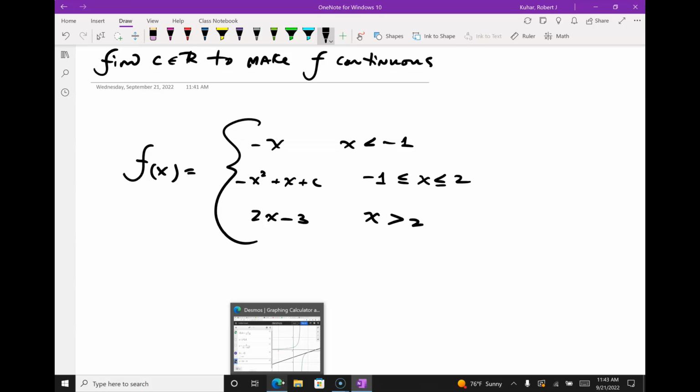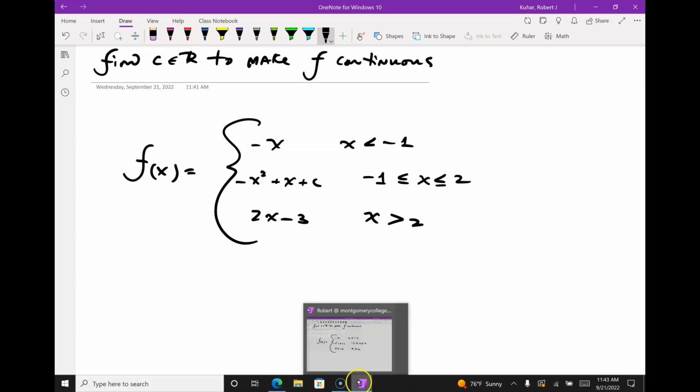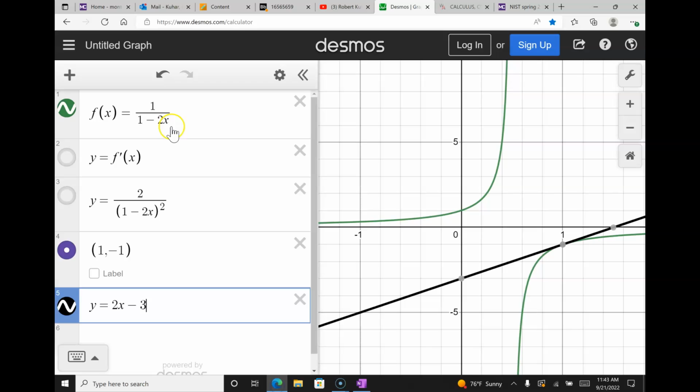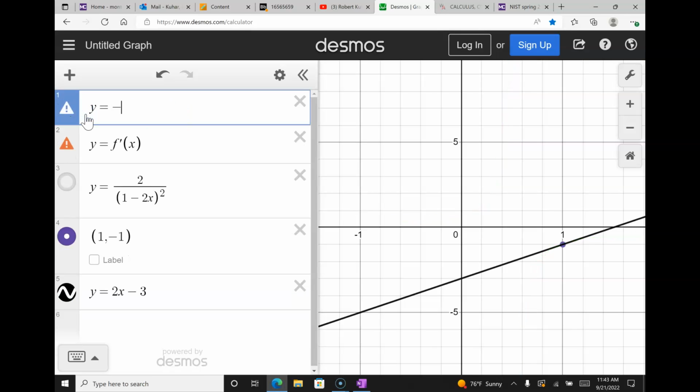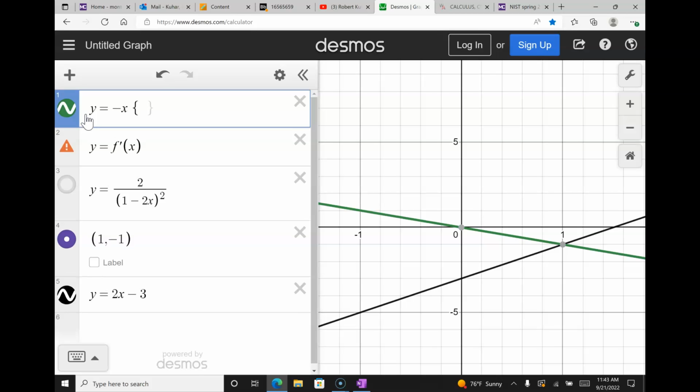So I'm kind of working on two matching limits here: the two limits that match at negative 1, and the two limits that match at 2. I want to put this in Desmos first. So y equals negative x for x less than negative 1, right?